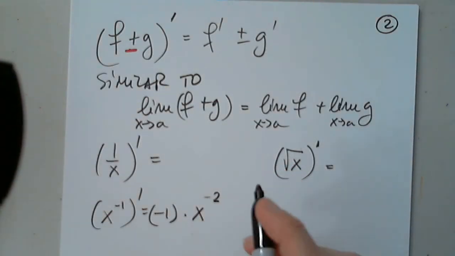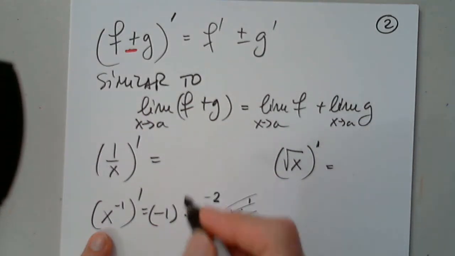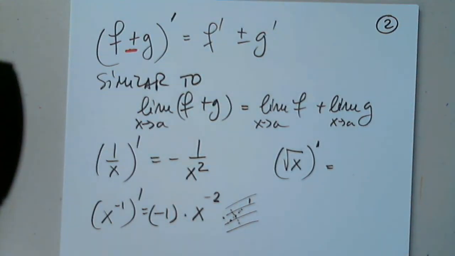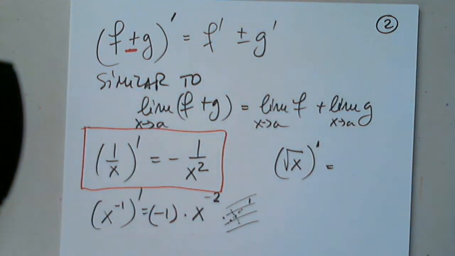In my mind, I should write this, but there is no need. Why? Because x prime is 1. So this is definitely -1 over x squared. So please carve this in stone forever, please.